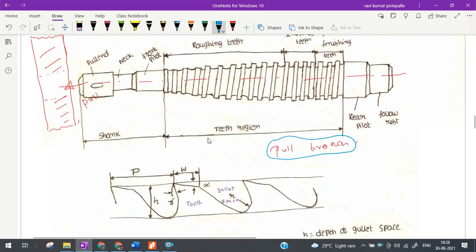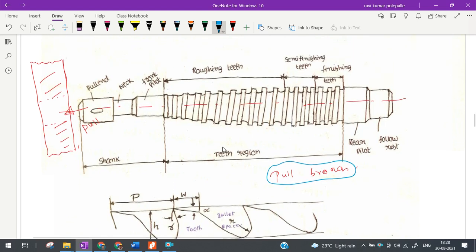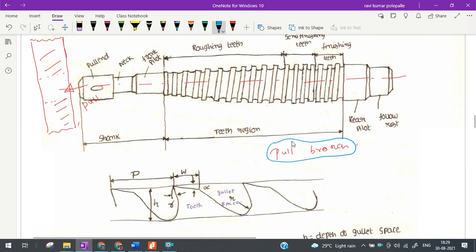If we look to the parts of this tool, you may find multiple number of parts. So the pull end, neck, front pilot, roughing teeth, that means the teeth which perform the roughing operation, semi-finishing teeth, the teeth which perform partly finishing and partly roughing, and finally finishing teeth.